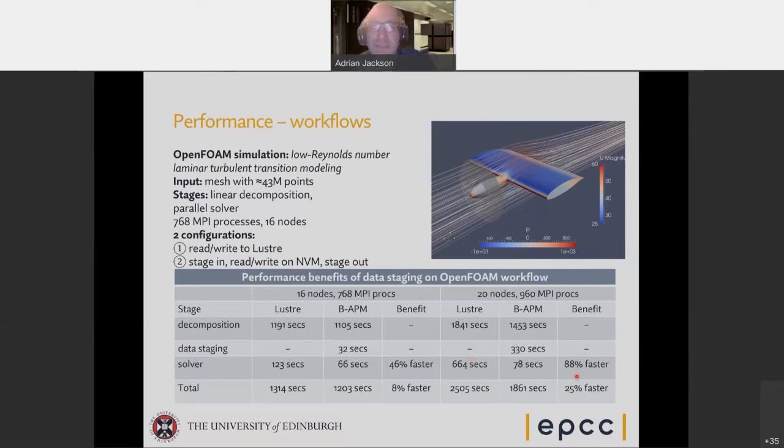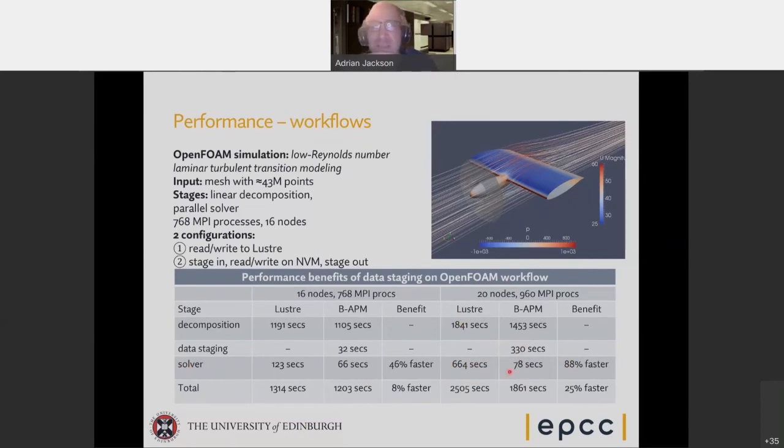And what we actually see here is this table, slightly complicated, but what we can see is that doing the decomposition for our large test case does improve performance a little bit using the local storage rather than reading and writing all our data from Lustre, but not a huge amount. But where we see the big difference is when we're running our solver, and we're writing out quite a large amount of data. So actually what we're running here is outputting every iteration rather than every 10 iterations or every 100 iterations.